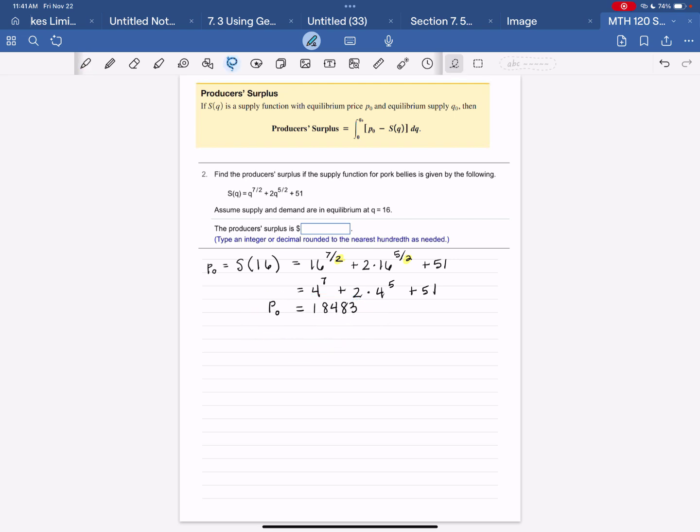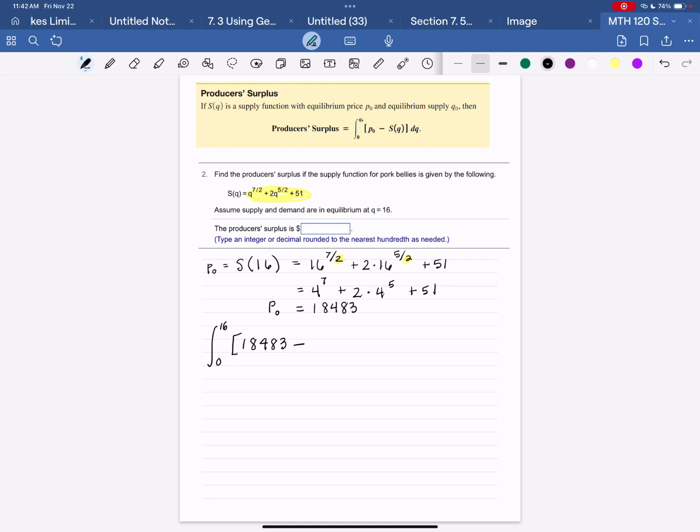So now I'm going to enter all of this into the formula for producer surplus. So it's going to be the integral from 0 to the equilibrium quantity 16 of 18,483 minus, and now I have to minus this entire S of Q function.